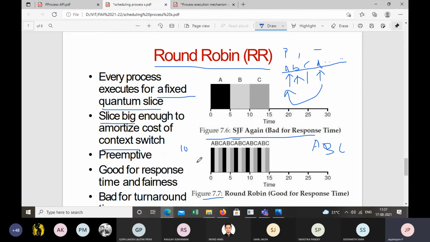Every time you switch, we also need some time to perform the mechanism of context switch. So your turnaround time will be very bad for this. So once you switch, you want to run the process for a reasonable amount of time.